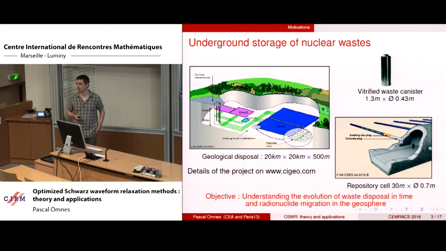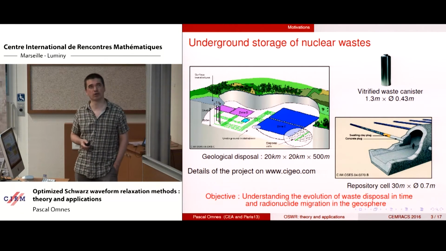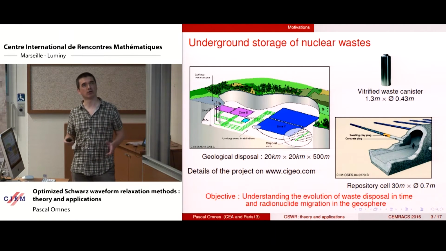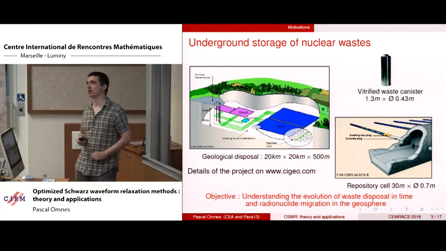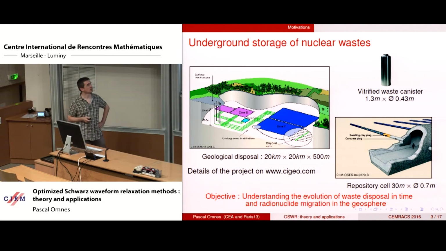So the very first motivation when I started working with Caroline was that at that time we were studying the possible underground storage of nuclear wastes. You may know that France has a number of nuclear power plants, and that after some time the nuclear fuel is taken out of the nuclear power plant and is reprocessed in the plant in La Hague by Areva.